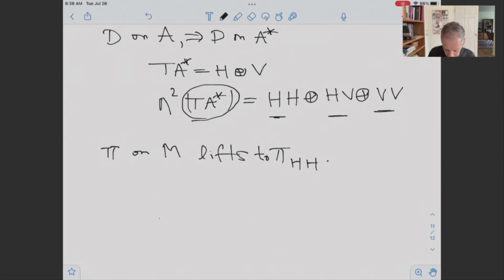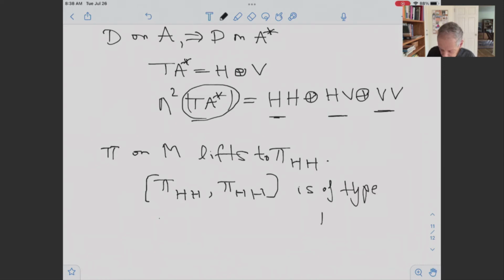In fact, the bracket of pi HH with pi HH is of type HVV.